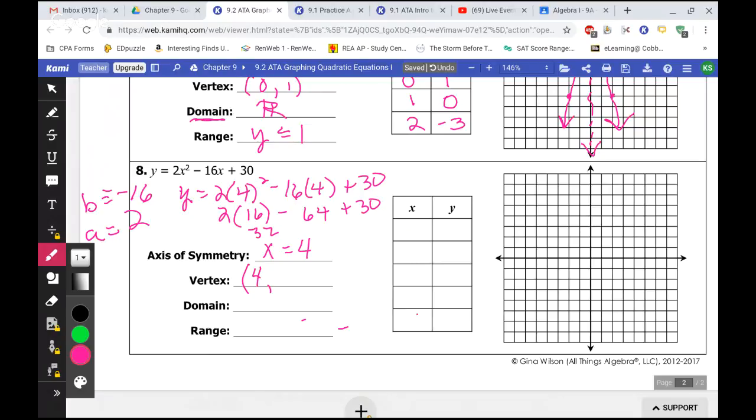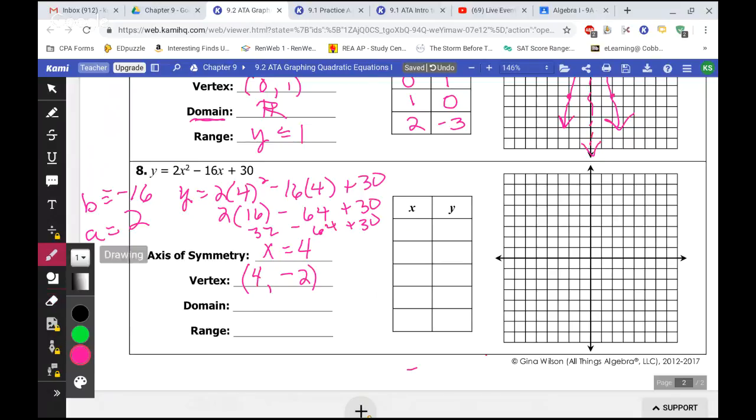So 32 minus 64 plus 30. 32 minus 64 is negative 32, plus 30 is negative 2.